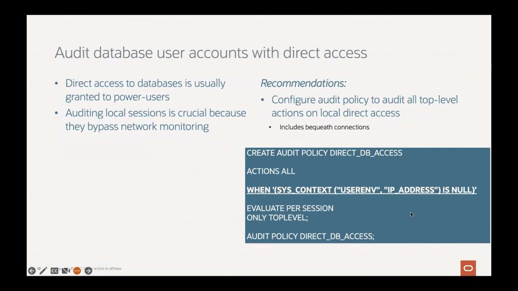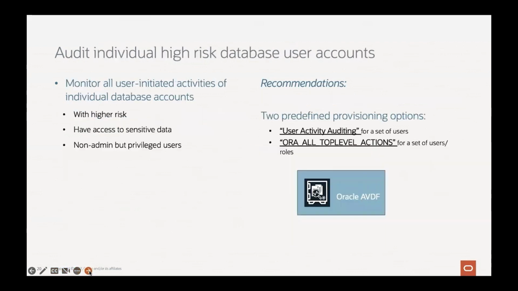So any connections that happen over the bequeath or any direct access will be audited with this command. So we encourage you to configure this custom policy, and it's quite crucial because it comes up in many of the compliance requirements. At some point, we are planning to provide this option also from the DAM, like AVDF or Data Safe, but at this moment it has to be created as a custom audit policy.